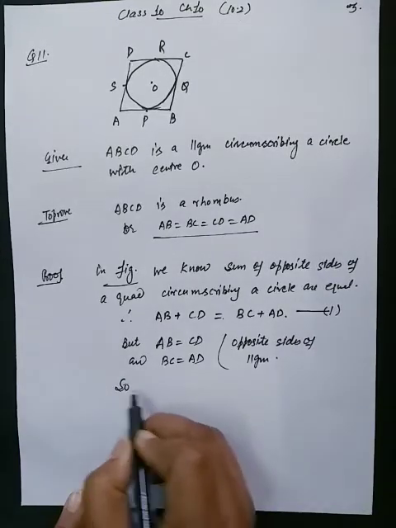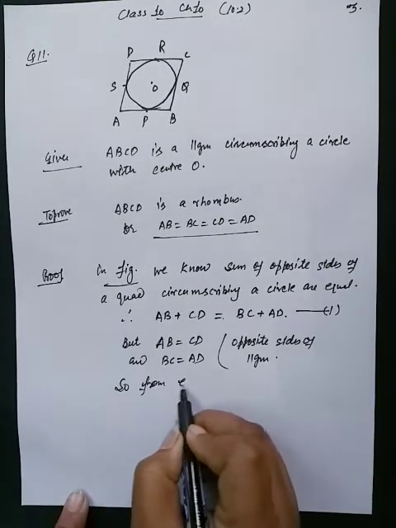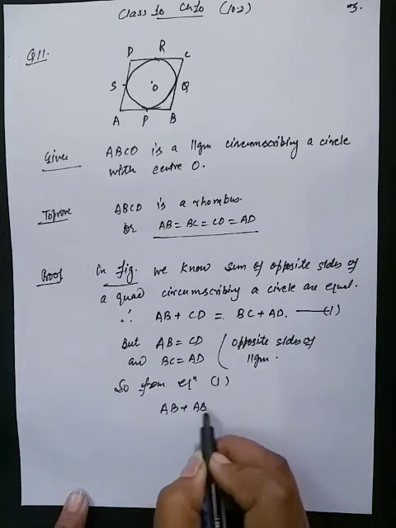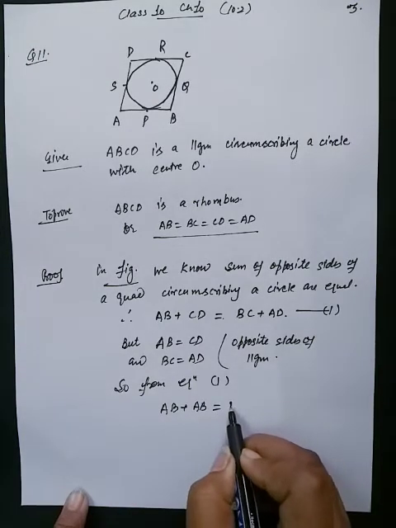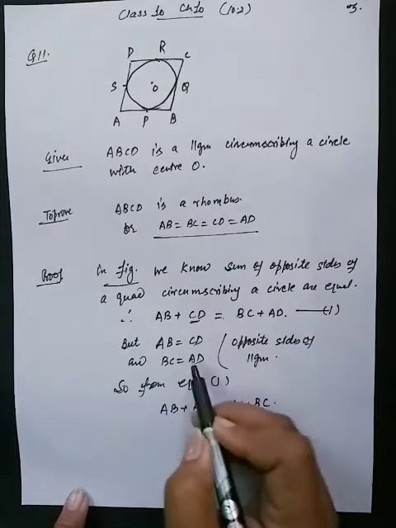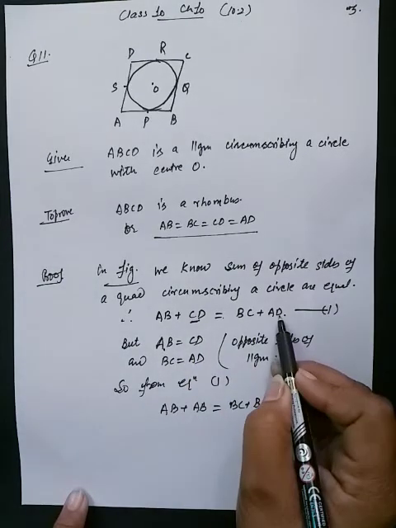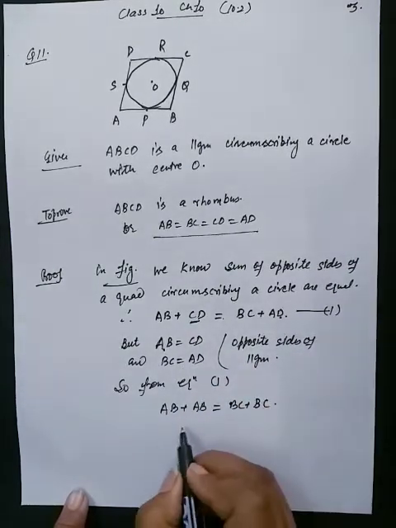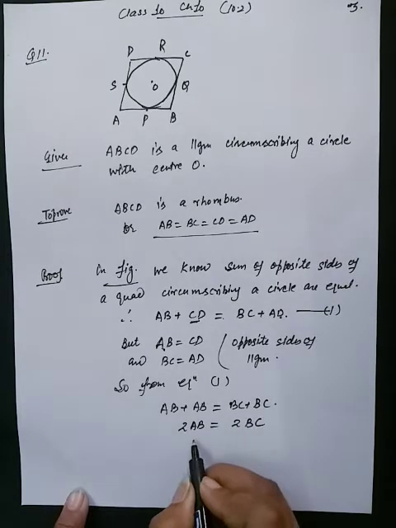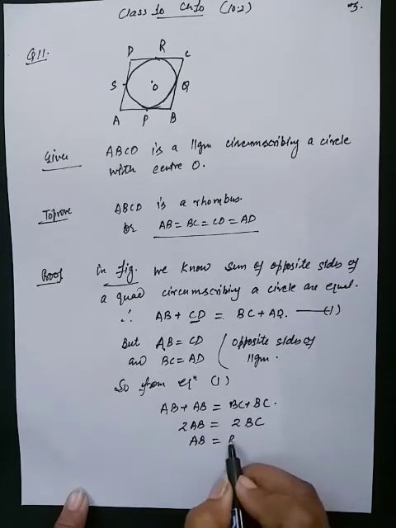So from equation 1 we get AB plus AB is equal to BC plus BC, meaning we put CD equal to AB and AD equal to BC. We get double of AB is equal to double of BC, and we get AB is equal to BC.